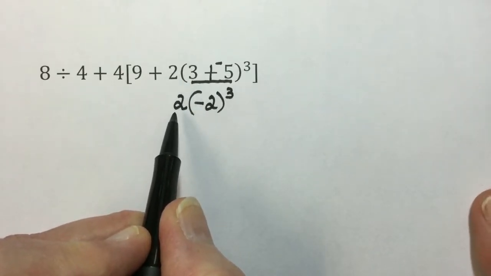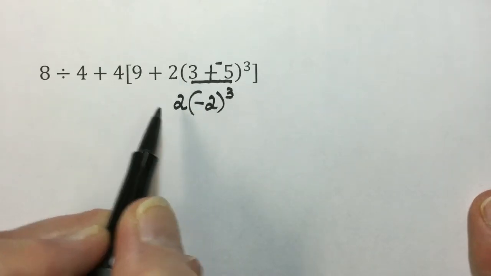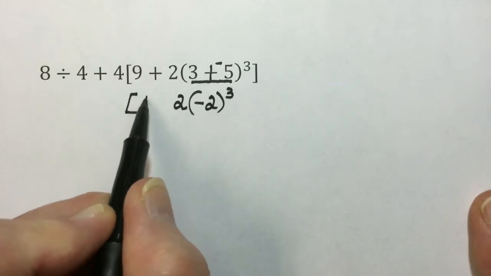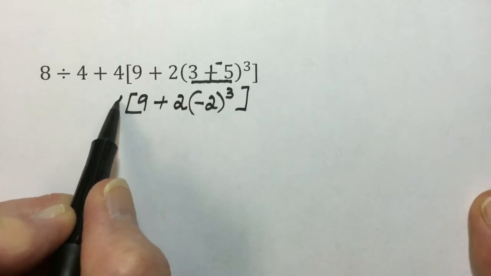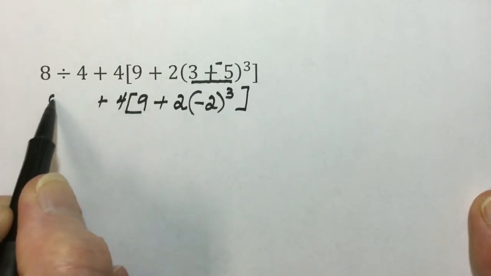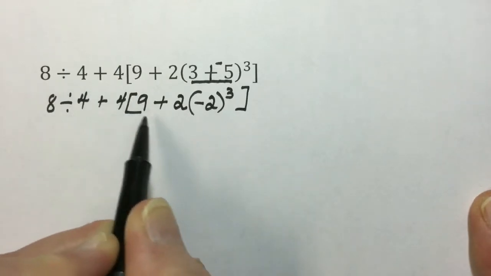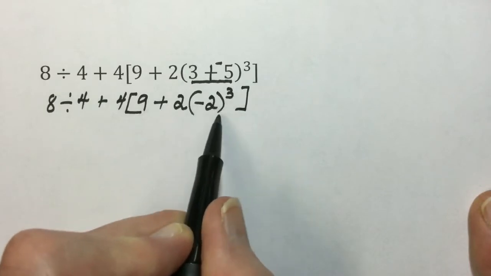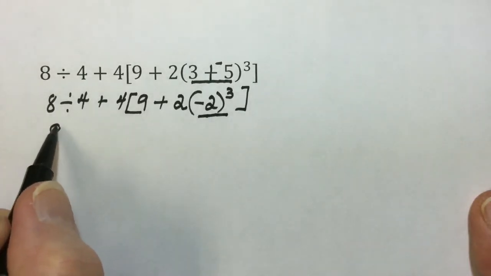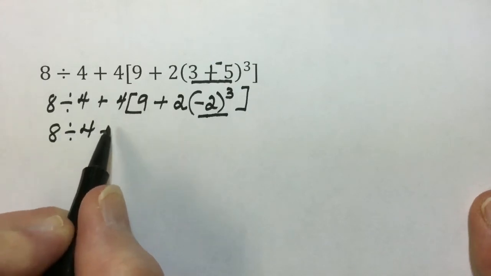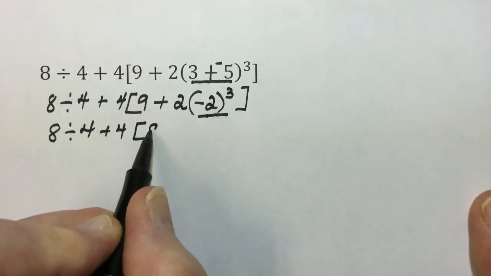If we simplify further within the grouping symbol, following the order of operations, we can see that we have addition, multiplication, and an exponent. That has the priority.